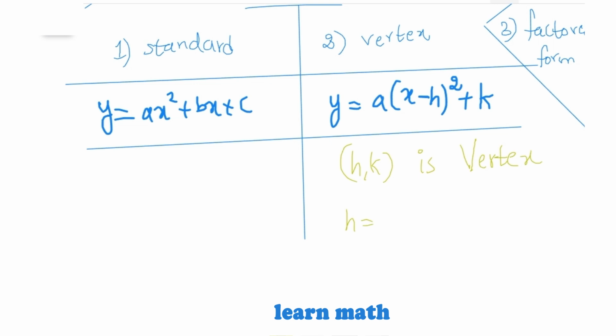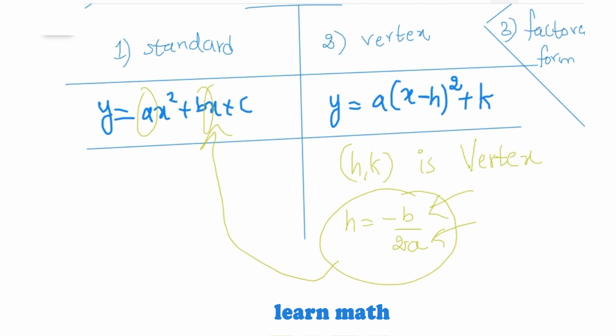The h value can be found as x equals negative b over 2a, with the same a and b as in standard form. Can you tell me the y-intercept for standard form? C. So for the y-intercept, put what as 0?